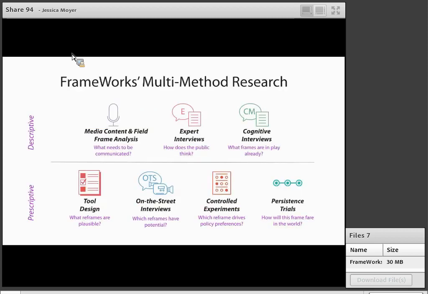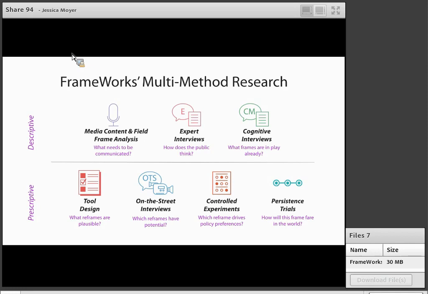And I'm not going to go too far down into the weeds of our research process. I bring up this slide which lays out several of our methods, mostly just to say that our research falls into two broad categories. We do descriptive research, which is aimed at describing the current situation, describing public thinking on a particular issue, as well as distilling how experts think about that issue.